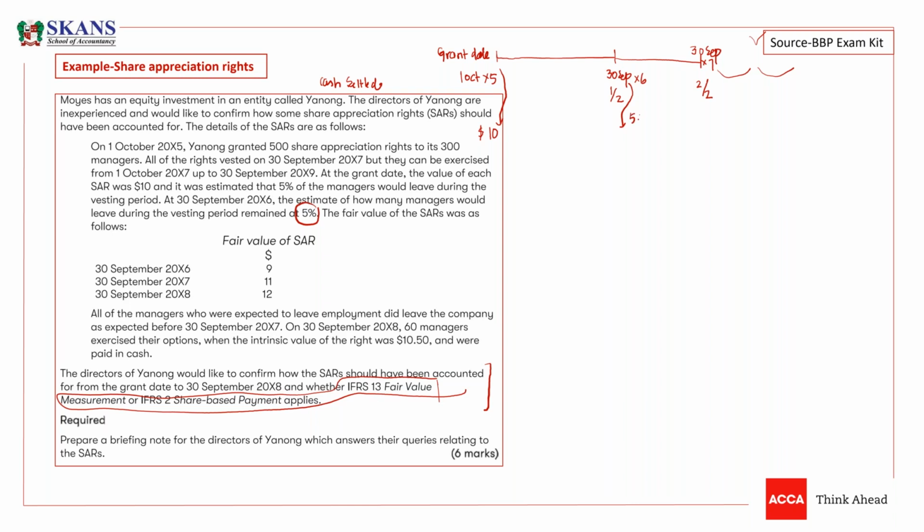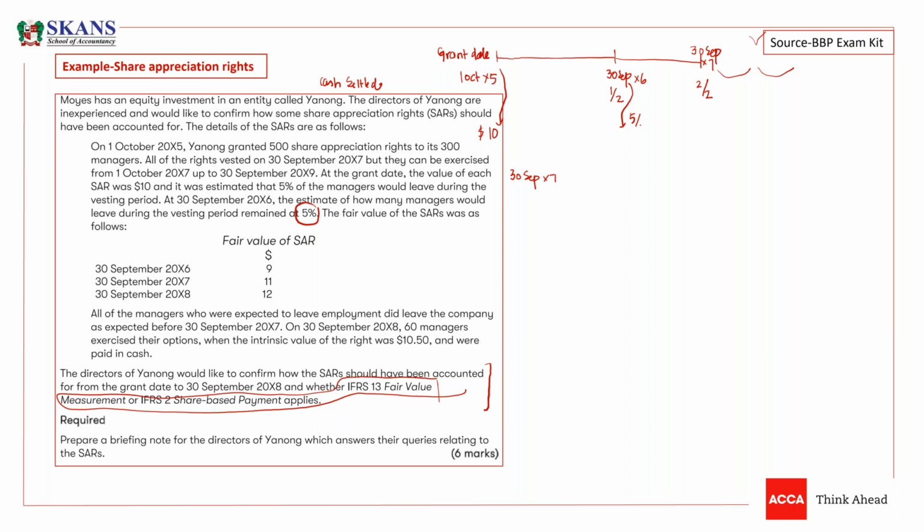So we are going to use the estimate of year end rather than the grant date. Okay. So 5% will leave. The fair values of SAR are as follows. So fair value of SARs is given. Now we need to calculate. So guys, the first year calculation would be year one calculation, which is a calculation at 30th September X7.